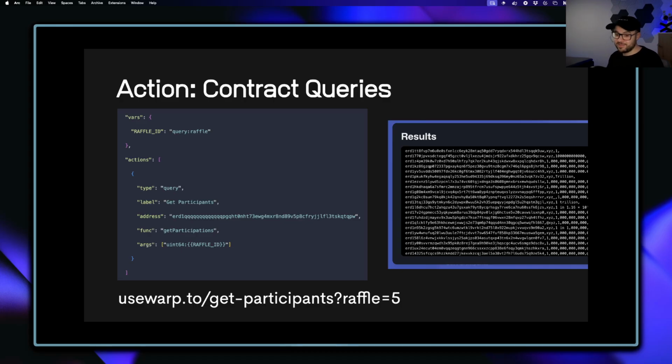But again, for AI agents, it will be super useful to use the contract queries too, because once your agent knows how to use queries, they can fetch any kind of information that is on the blockchain within a smart contract.